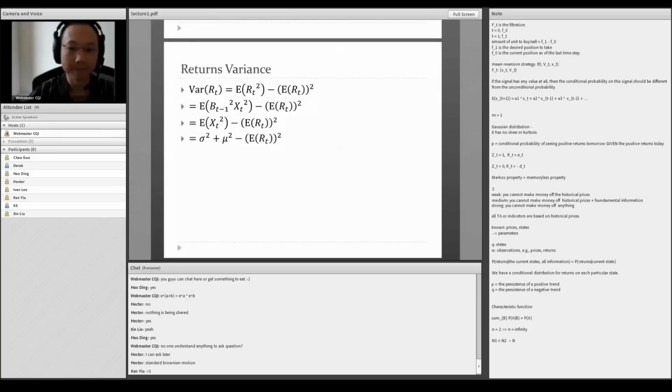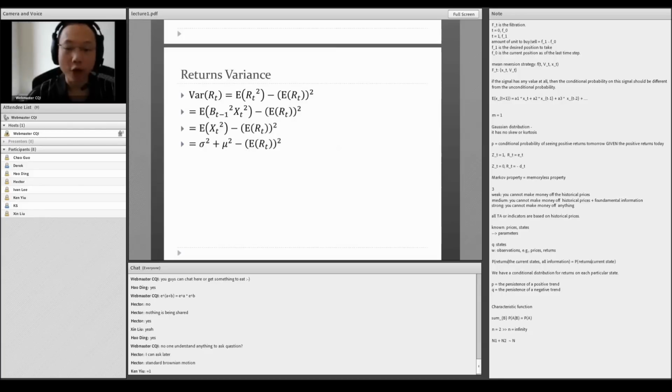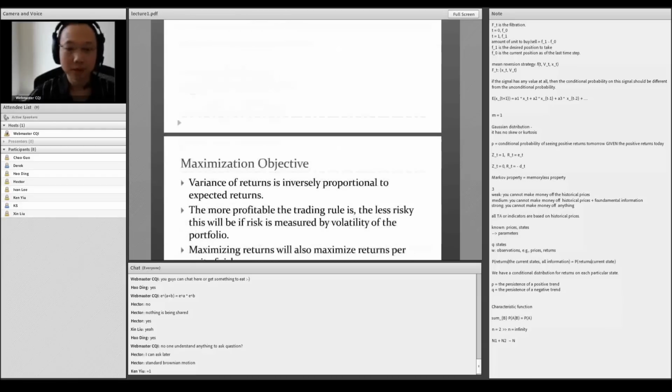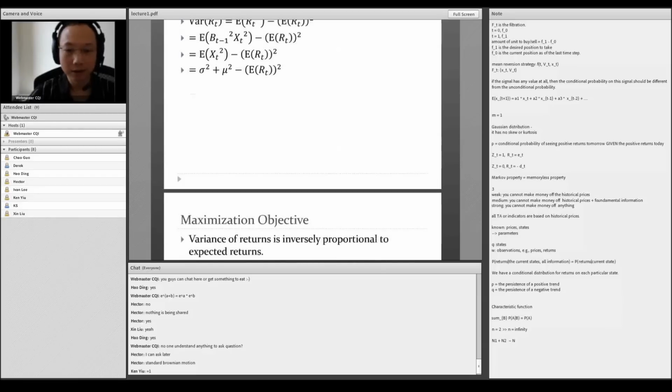Okay. Now we notice something also very strange from this equation, which is this. Okay, what does the classical financial theory tell us? The classical financial theory tells us this. Or almost all the academic theory tells us this.